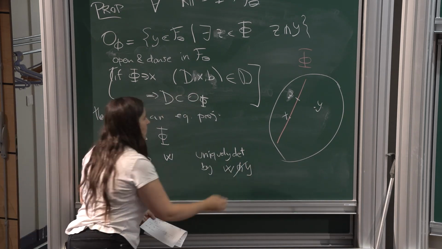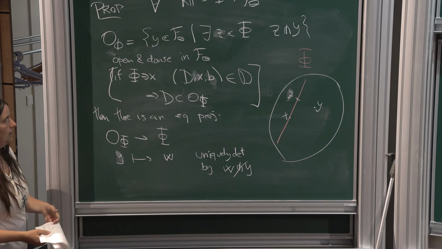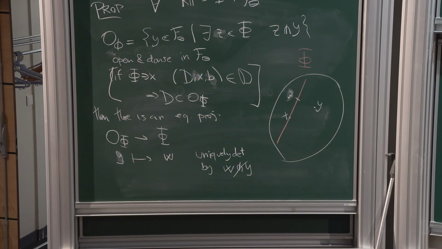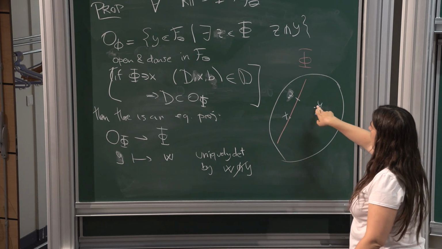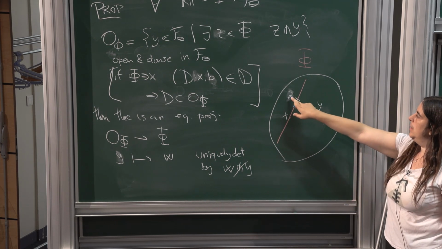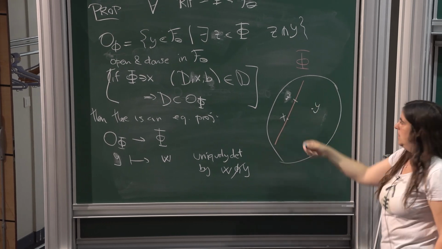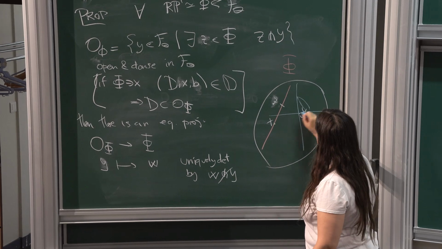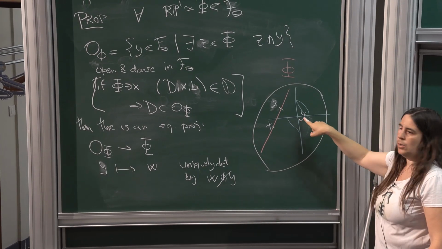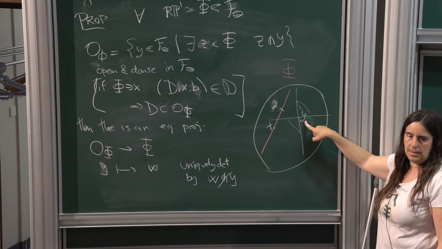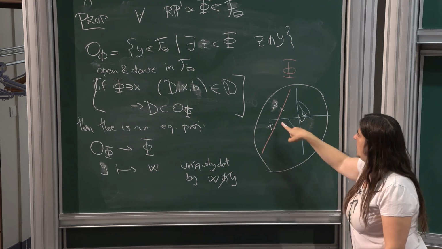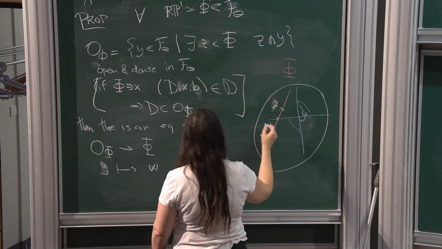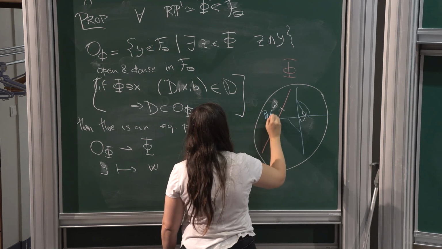The idea is that I have y, transverse to at least one point in the photon. Then I can look at all the points in the flag manifold that are non-transverse to y, this bad codimension 1 set. And the statement is that this bad set intersects the photon in exactly one point, p phi of y.